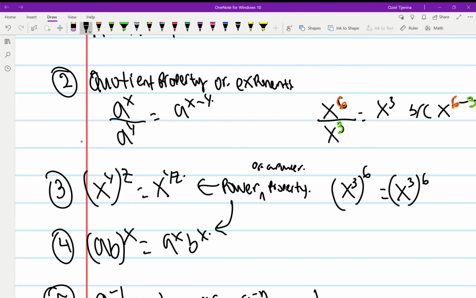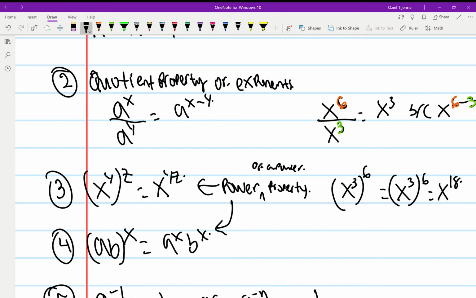This little parentheses in between basically tells you that you multiply these two. Sorry, I had to sneeze. So you multiply these two and you get x to the 18th, okay?